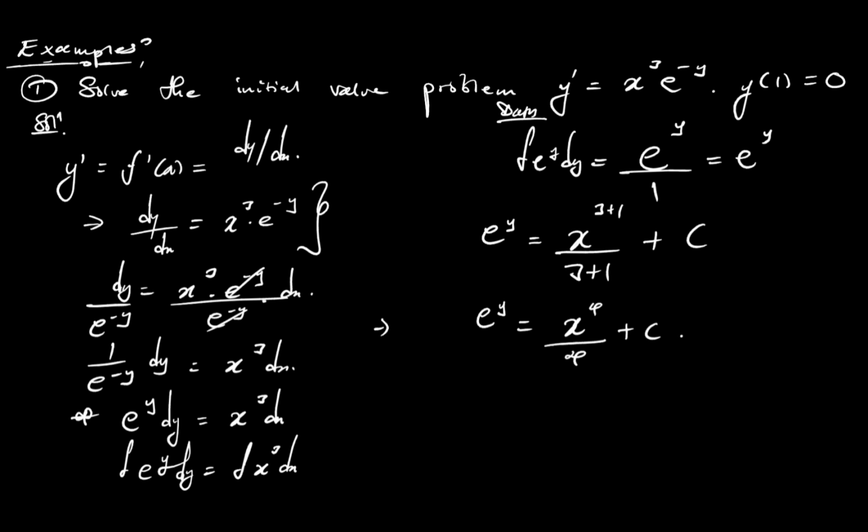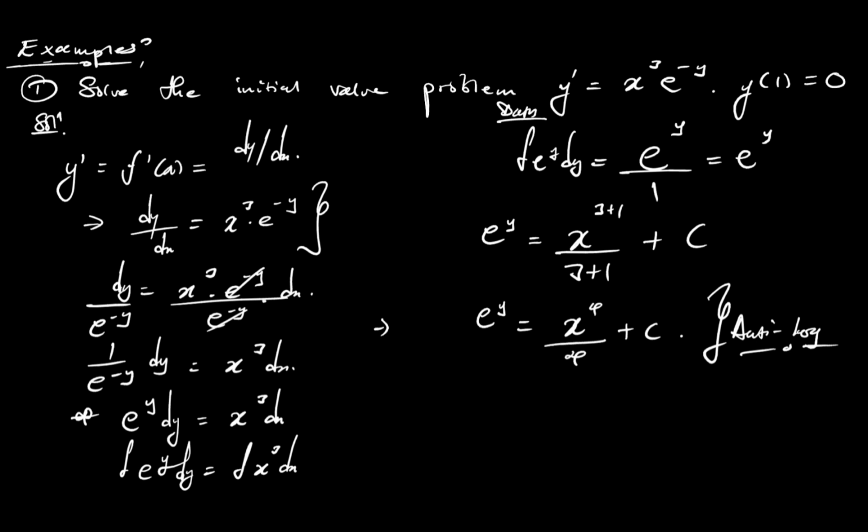By introducing an antilog on both ends, what are we going to end up having? We can introduce the antilog here and then substitute with the initial conditions, that is if we want.